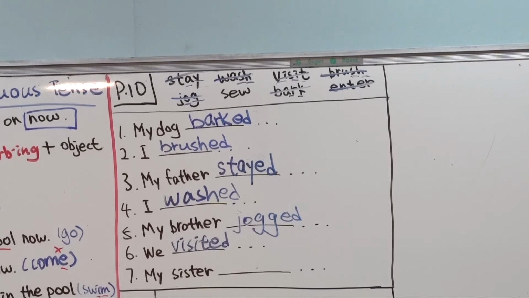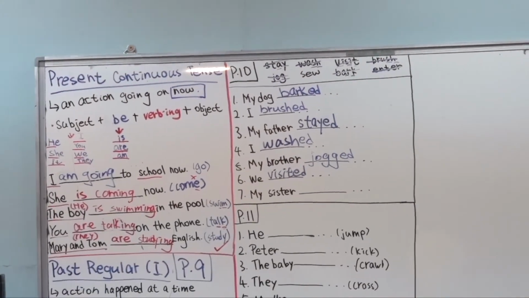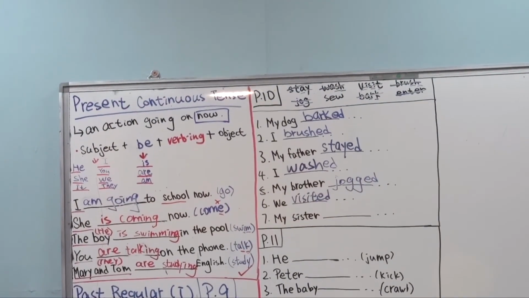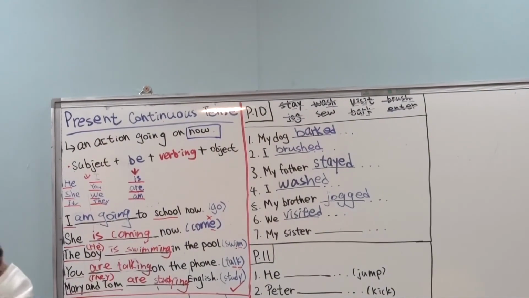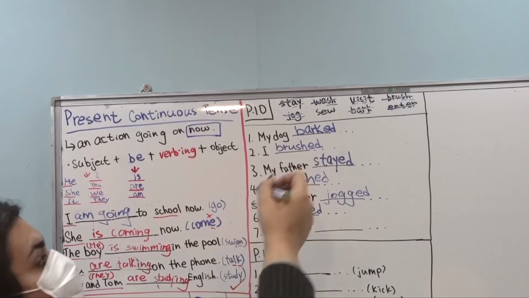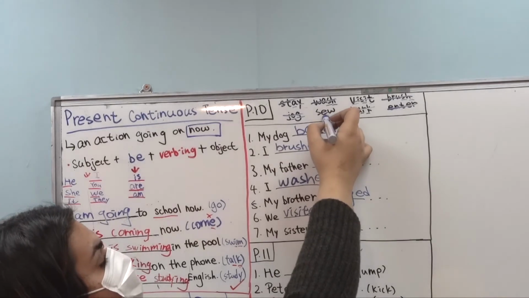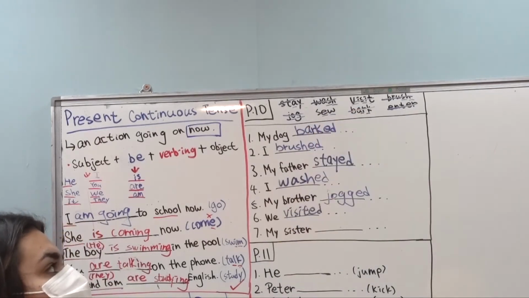Okay. The last one. My sister sewed the buttons on the dress yesterday. The last one is sewed, right? Sew ends with a vowel and a consonant.